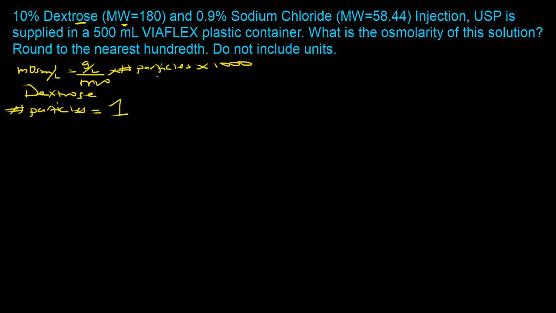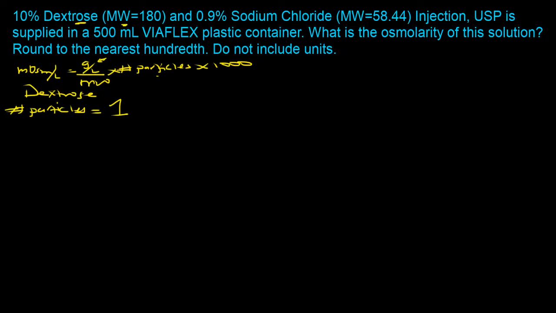And the reason it's 1, once again, is because dextrose is a non-electrolyte. It will not dissociate. Another example of a non-electrolyte that you may see commonly is mannose. And so just keep that in mind. So number of particles there is actually 1. The one thing that we need is the quantity that goes in the grams per liter section.